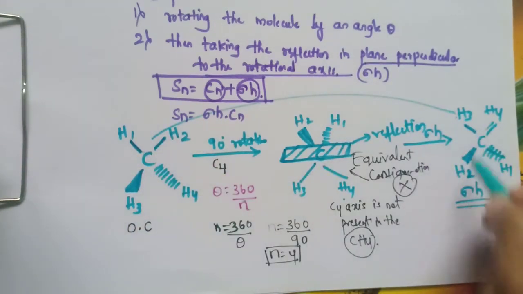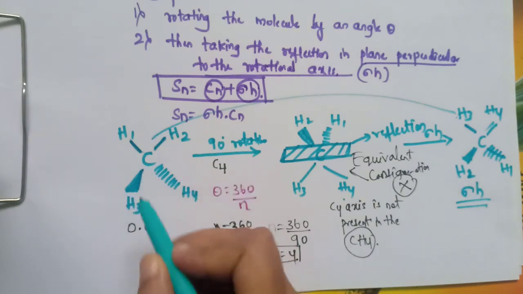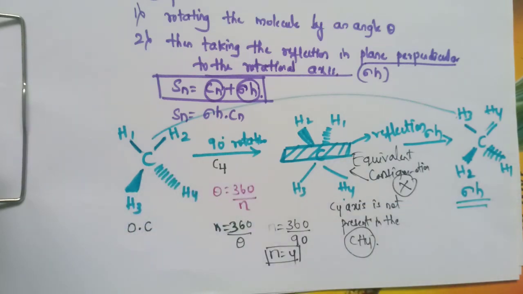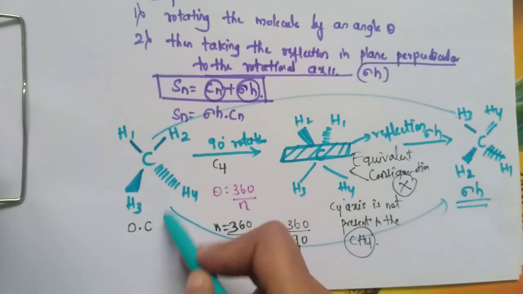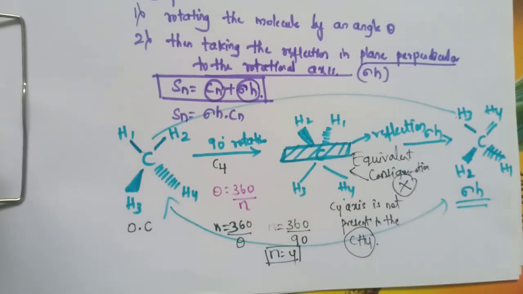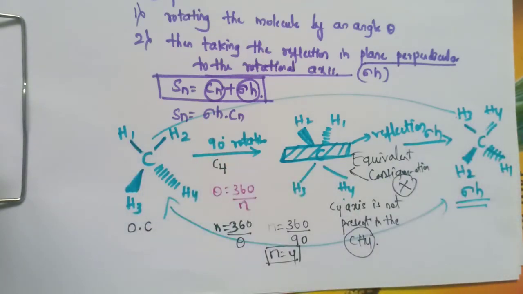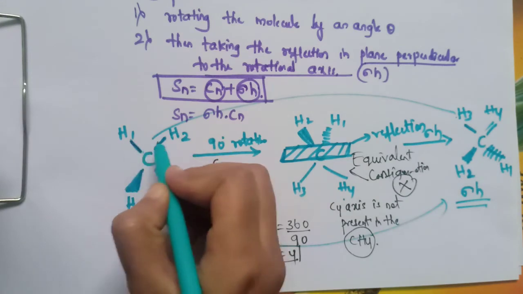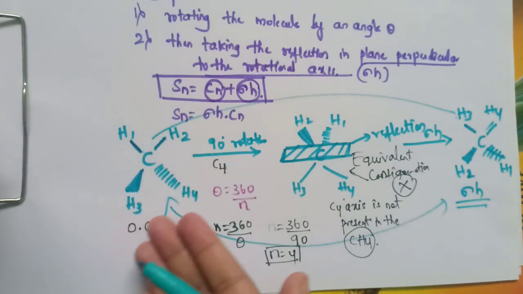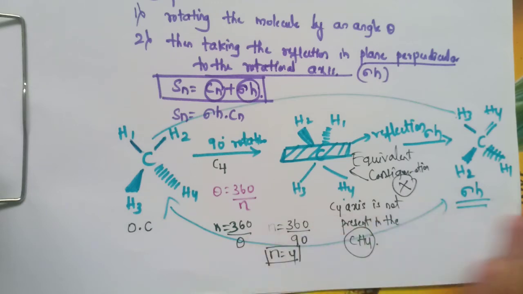See, these two are similar to each other. These two hydrogen atoms are on the plane of the paper, whereas this one is in front and this one is on the back side. So these two are equivalent configurations, though here is H1 and here is H3, here is H2, here is H4. These hydrogens are on the plane of the paper, and one is towards and one is away. So these two are equivalent configurations now. So here the improper rotational axis of symmetry is present in the CH4 molecule.